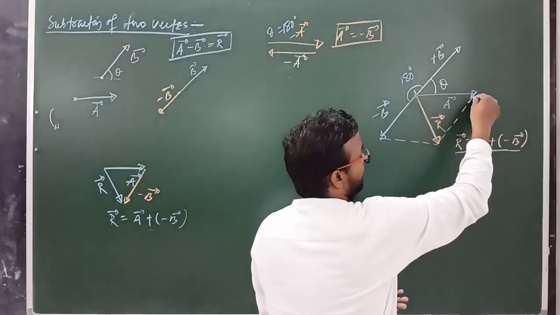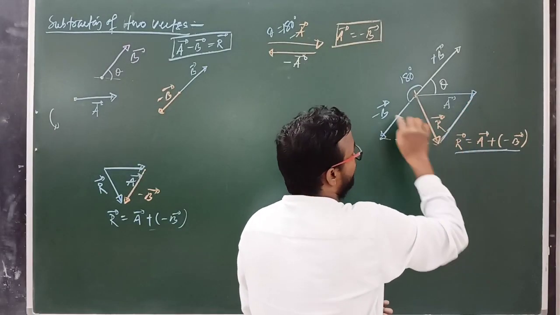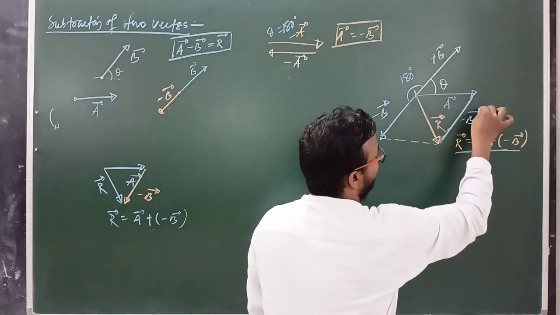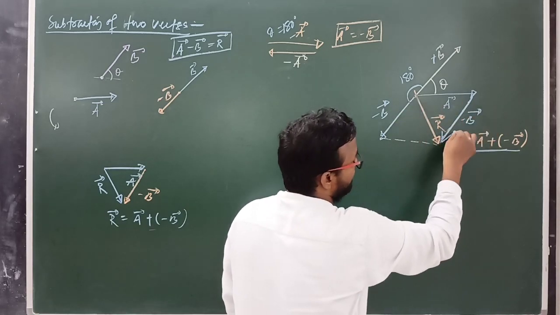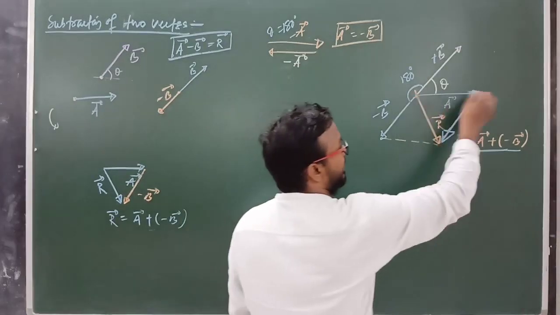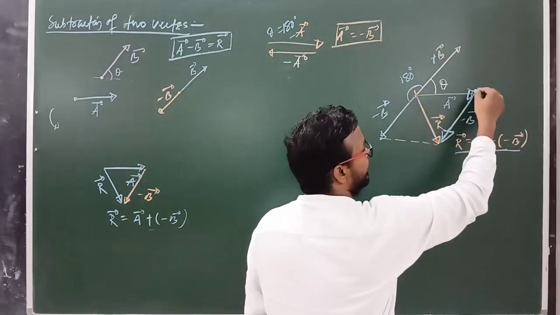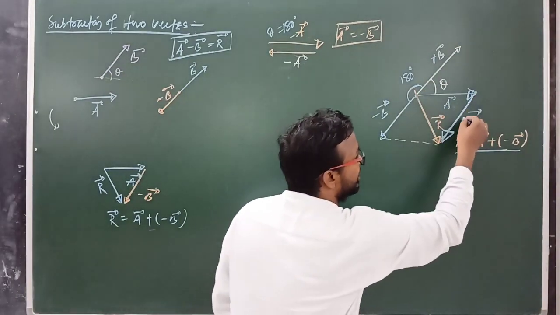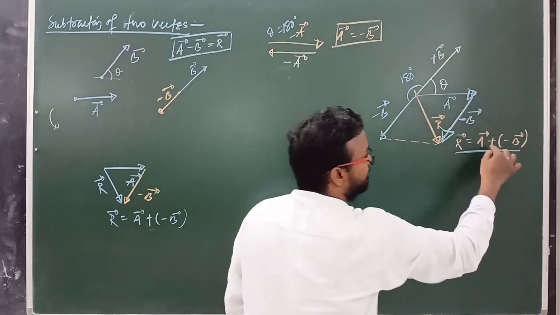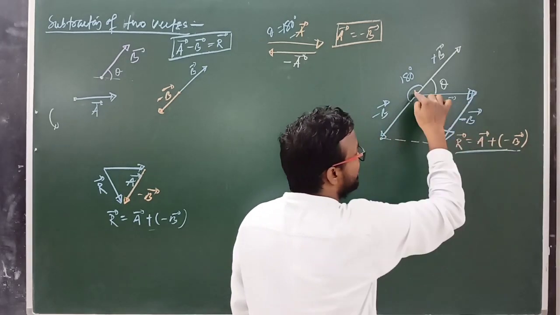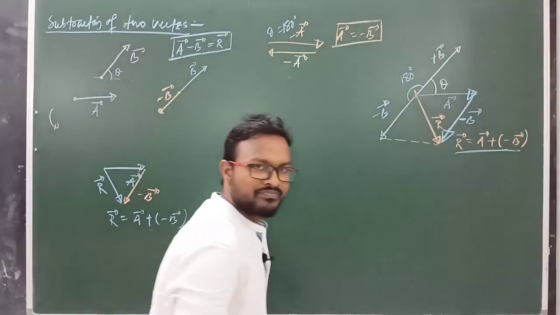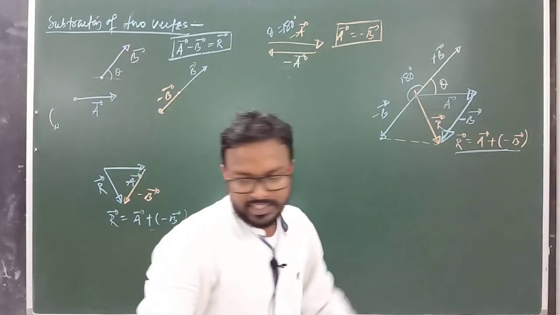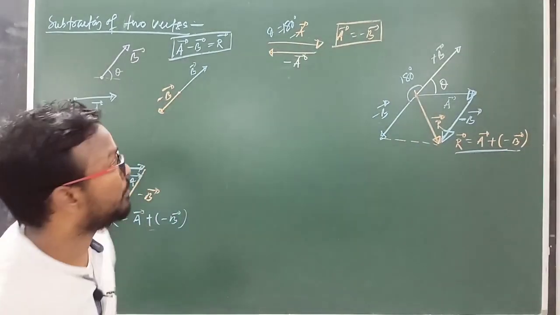If you shift b vector here, then this vector is b, means here minus b, and this vector minus b, and direction, and this is also direction. So a vector plus b, but here negative sign, a vector plus minus b, which is equal to the resultant vector. Clear? This is known as subtraction of two vectors.